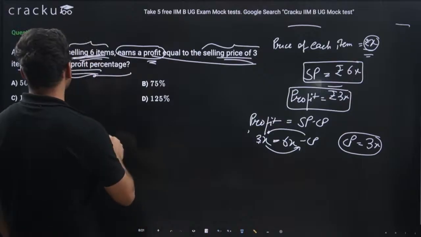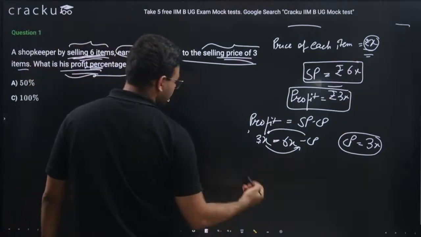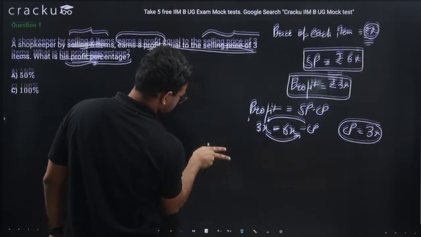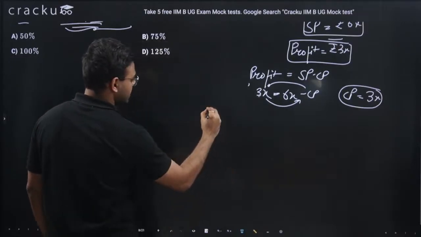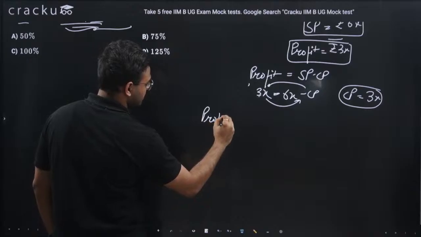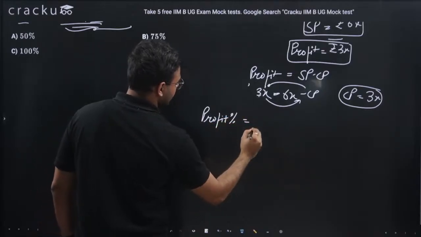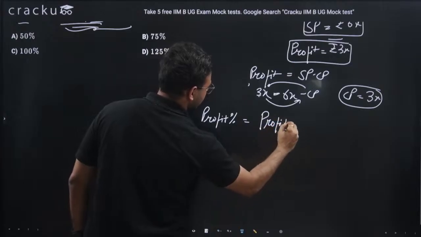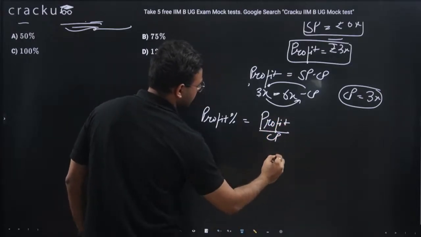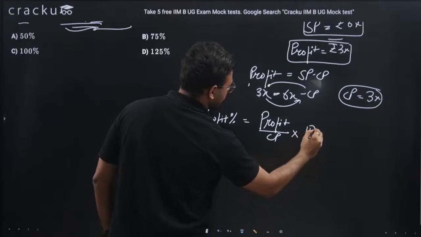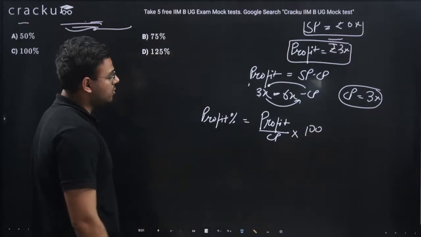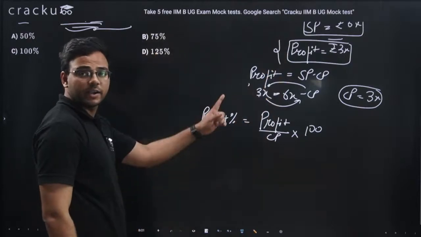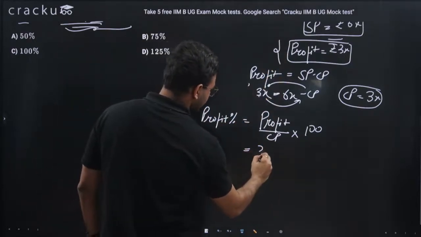Now I have to calculate the profit percentage. The formula for profit percentage is profit divided by cost price into 100. What is the profit? Profit is rupees 3x.